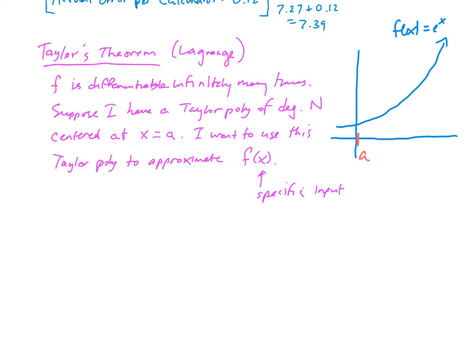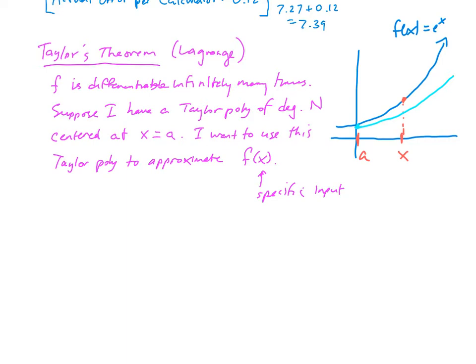So a is where this Taylor polynomial is centered. And then there's some other point x where I want to estimate the value of f of x. But all that I have is a Taylor polynomial, which might go something more like this. So maybe I got some Taylor polynomial that goes like that.